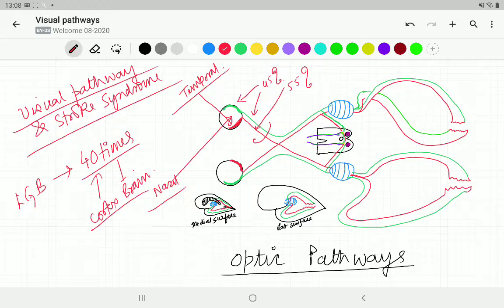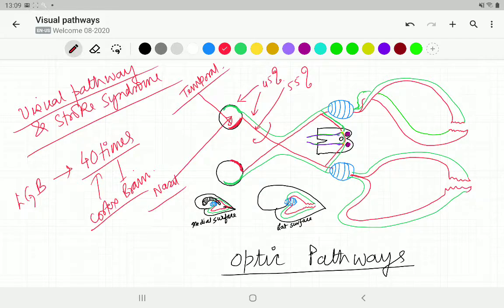In other words, what this is doing is to screen all the information coming through the optic tract and allow only the information which is useful. So that's why there is a saying, our eyes only see things which our mind wants to see.